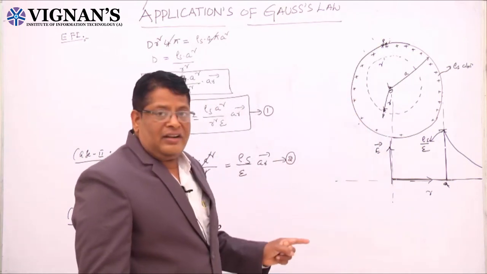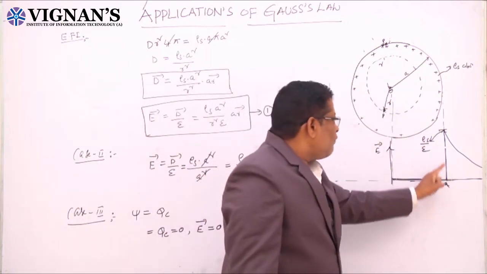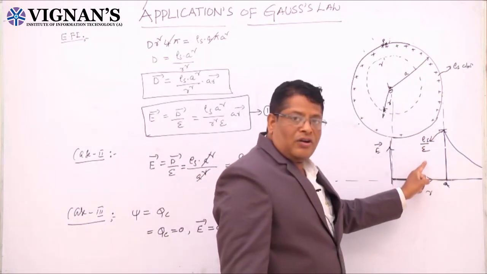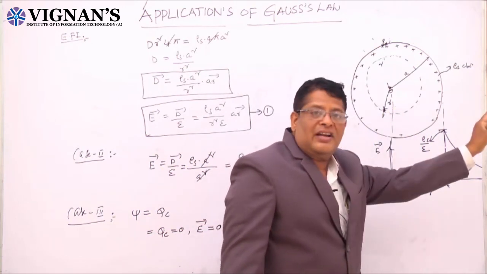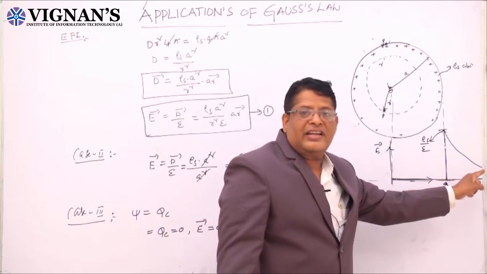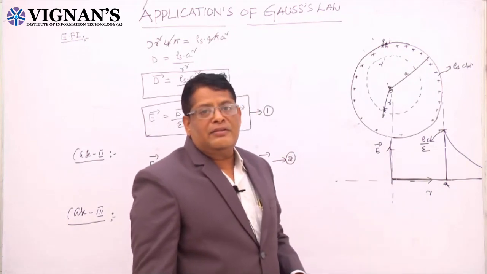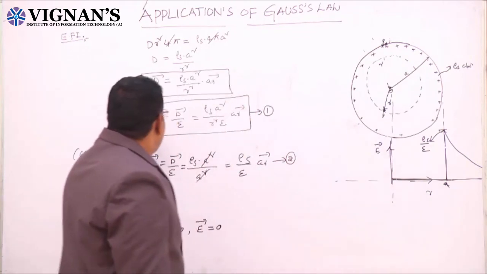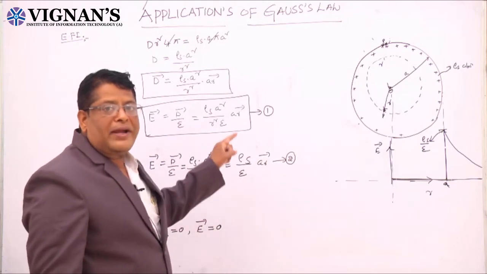Inside the shell, there is no electric field intensity. On the shell, the electric field intensity equal to rho s by epsilon. As the point is away from the shell, the electric field intensity decreases drastically, inversely proportional to the square of the distance, nothing but E bar is proportional to 1 by R square.